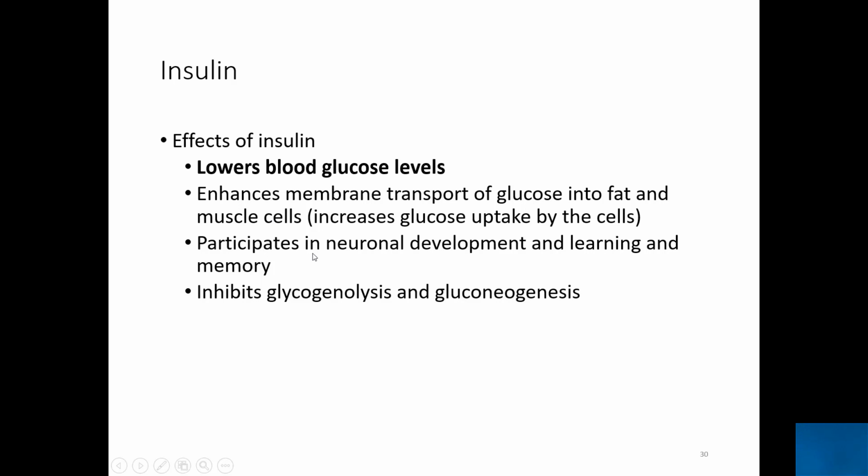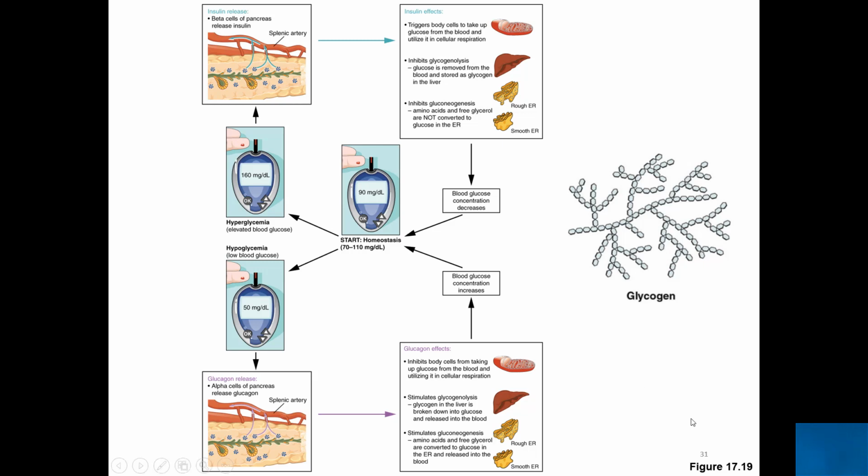Also, insulin participates in neuronal development, learning, and memory, and inhibits those processes of glucagon, glycogenolysis and gluconeogenesis. How exactly does it happen? Let's look at picture 17.19. Let's say somebody is checking their blood glucose level, and a normal amount would be approximately 90 milligrams of glucose in 1 deciliter of blood.